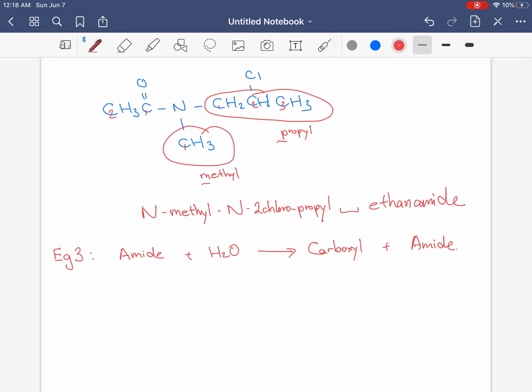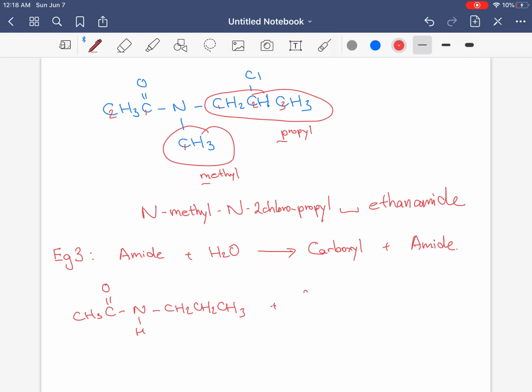So amide. We have this amide right here. Okay. So propylethanamide.